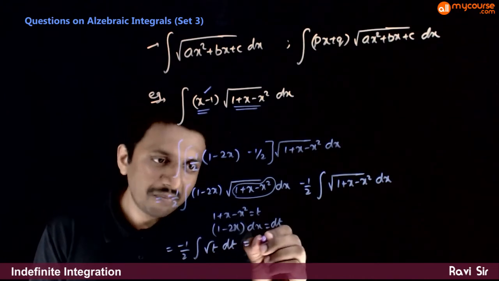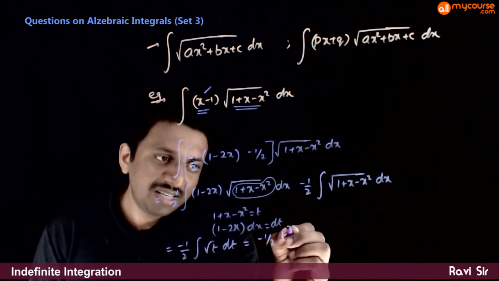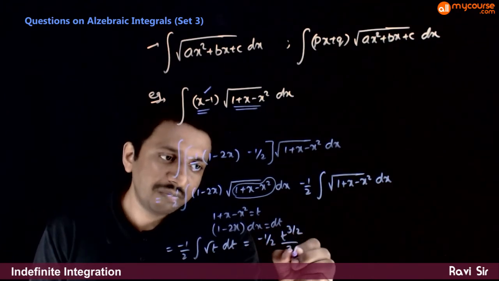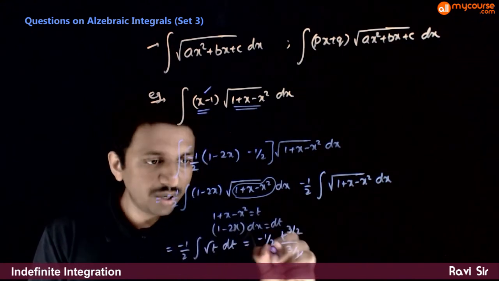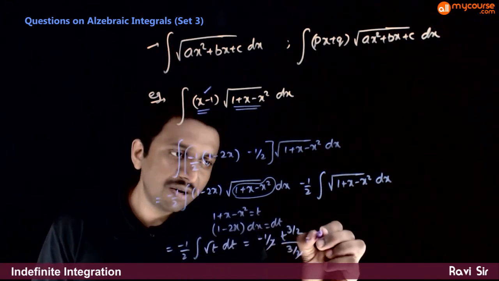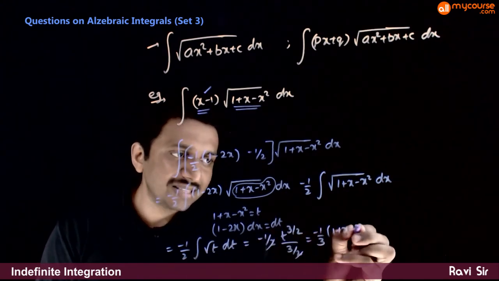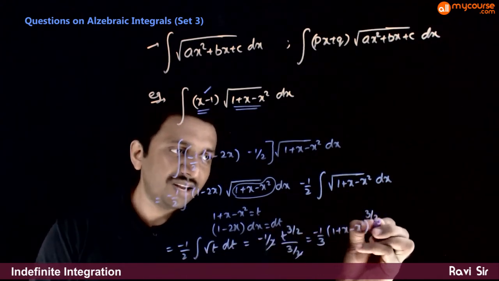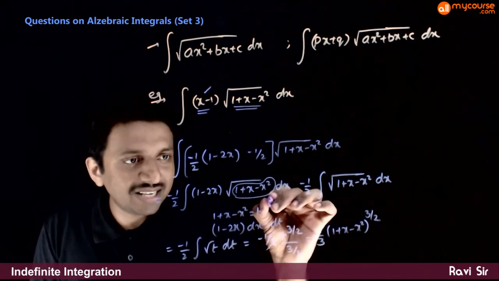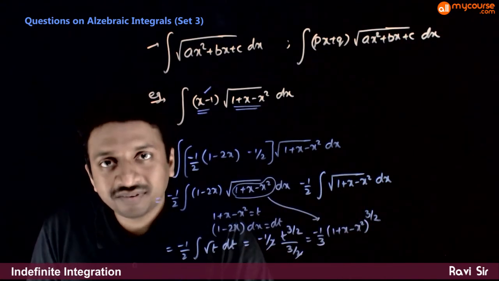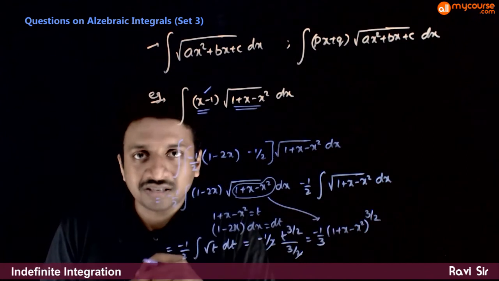That is minus half times t power 3 by 2 by 3 by 2. So this 2 and 2 get cancelled. That is equal to minus 1 by 3 times (1 plus x minus x square) whole power 3 by 2. So this integration has been done. Next, let us go for the other integration.